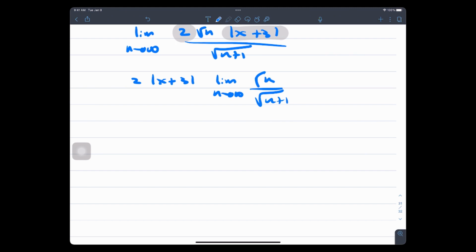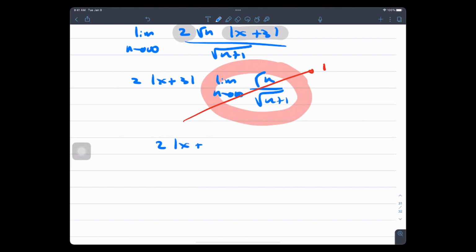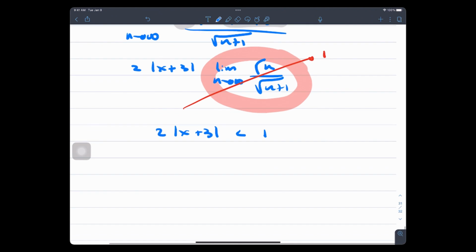And then you want to determine what happens with this limit over here. You guys know where that limit goes to? I think that limit goes to 1. Is that true? So you get 2 times the absolute value of x plus 3 has to be less than 1 for convergence.